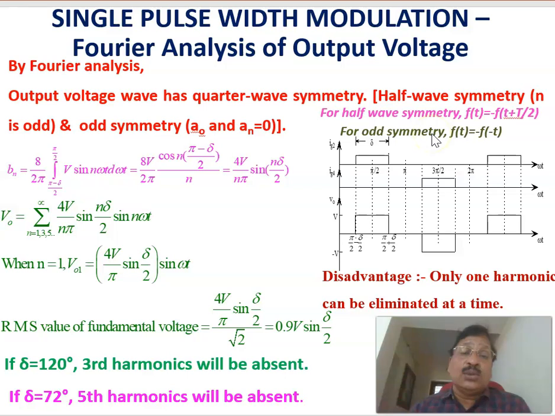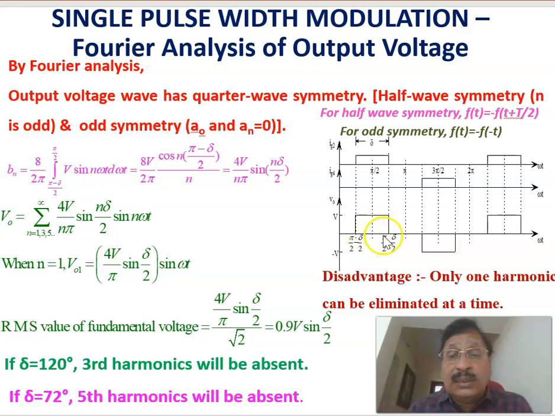Similarly, A0 is also 0. Only bn will appear. The Fourier constant bn can be calculated as 8 by 2 pi, because we are calculating over a portion, multiplied by 1 here, integrating over this limit.